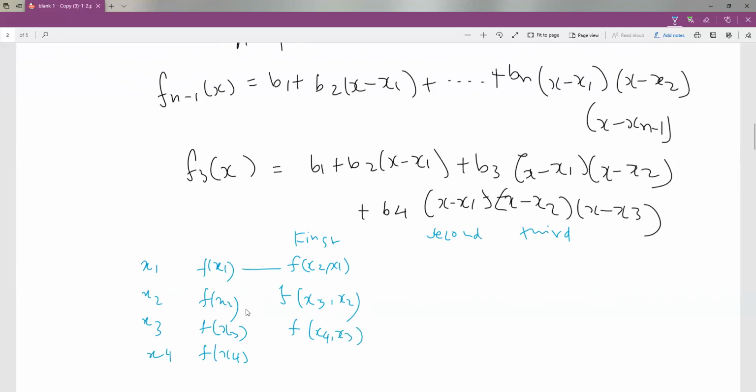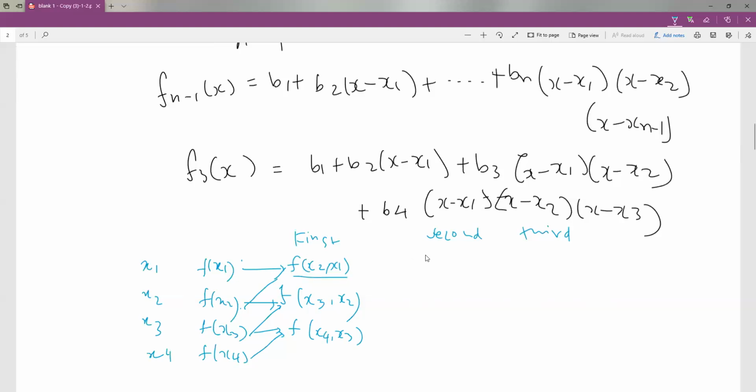So basically this follows. This is going to use these two functions' values. This is going to use these two functions' values. This is going to use these two functions' values.